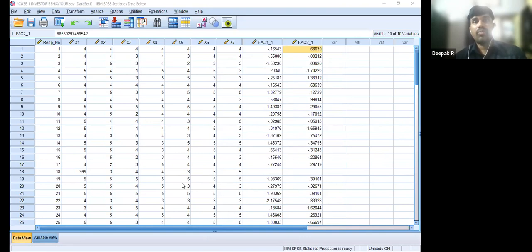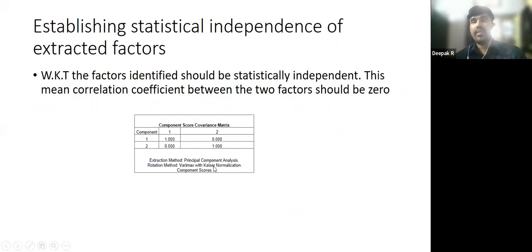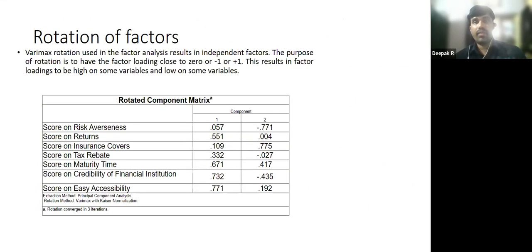That is what we want to use. And the end result of factor analysis is this: these factors will be statistically independent, and will not have the problems of multicollinearity when we go for further research also.